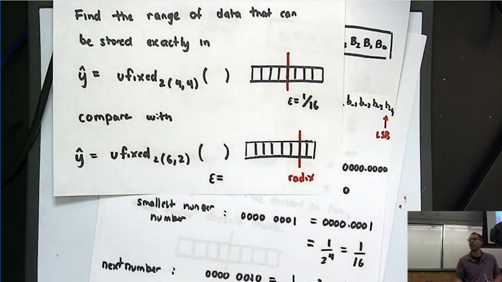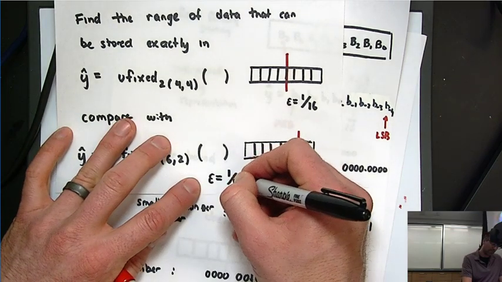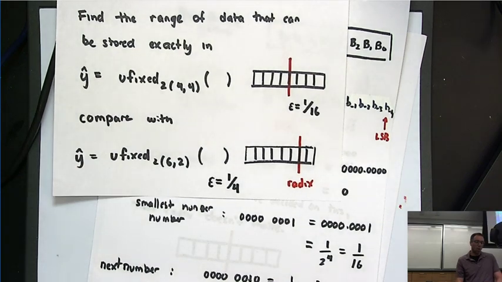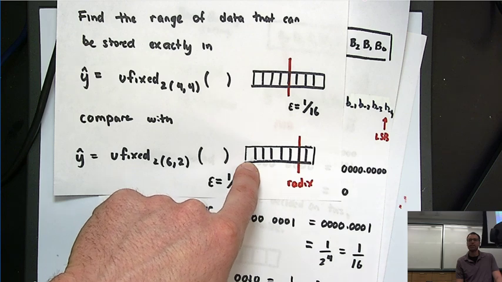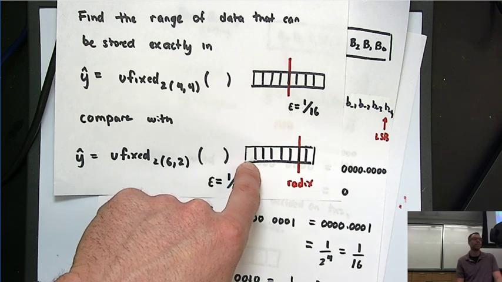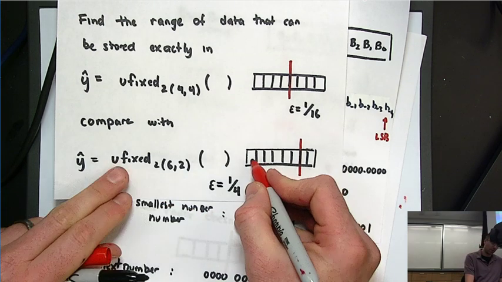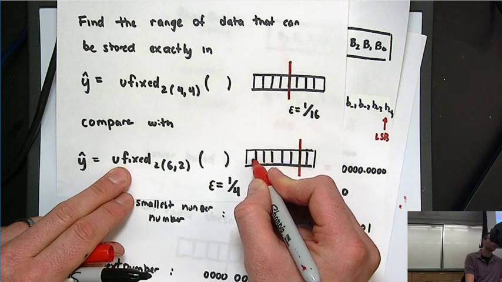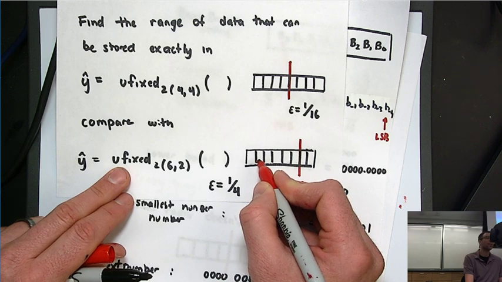Smallest positive number, not 0. Okay. What's the largest number that could be stored there? Well, let's see. 1, 2, 4, 8, 16, 32. So it looks like 63.75, right?